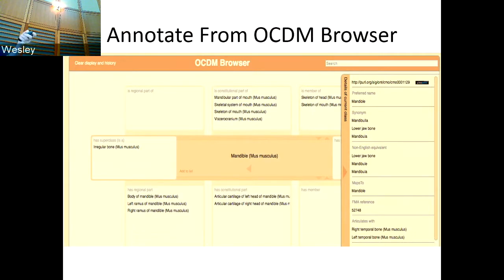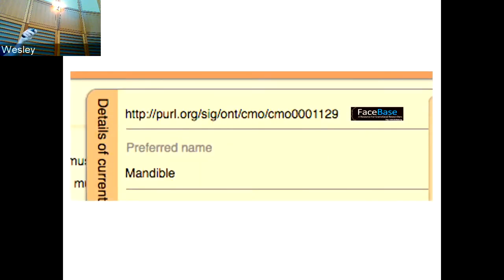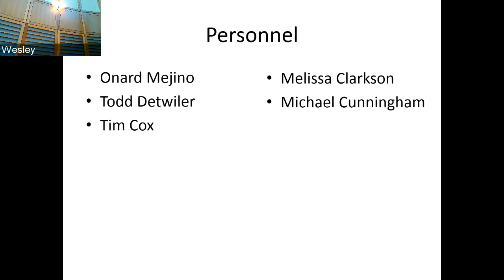So you can then go up here. This is the actual IRI that we have. And then if you push on this link, it will allow you to directly, automatically annotate the data. So that should be one way to make it easier to get more detailed annotation.